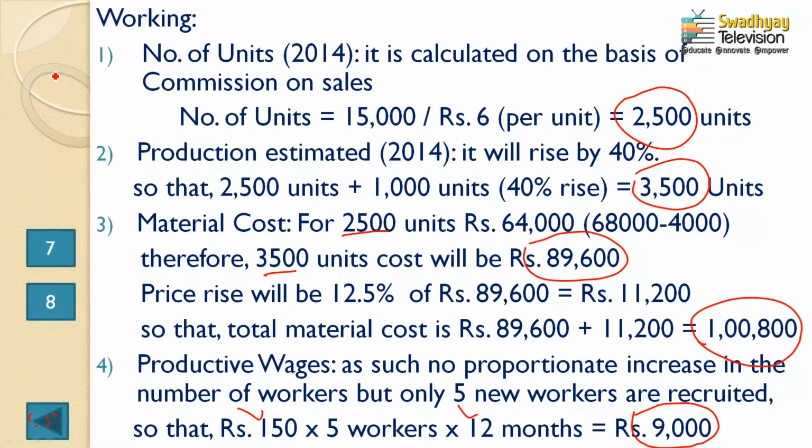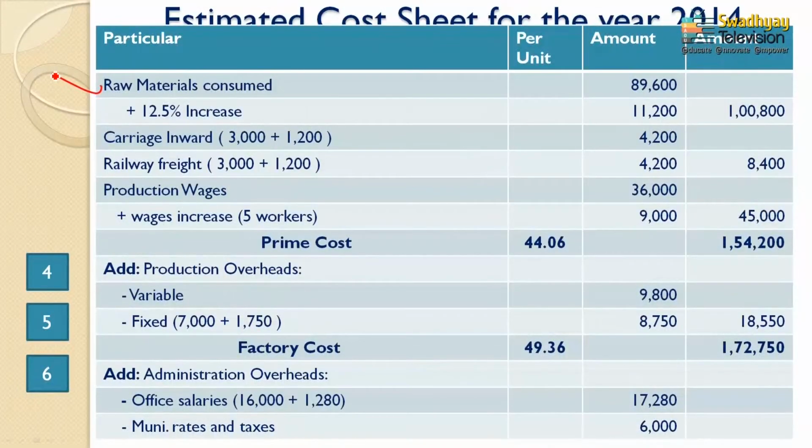Now see here, this material cost would be recorded as the first item in the cost sheet, 89,600 rupees, then add 12.5% increase, that is 11,200 as per the adjustment. So total material cost for the year 2014 is 1,08,000 rupees. Then the carriage inward and railway freight, that we already calculated, change according to the proportion of the 3,500 units, because now they are manufacturing 3,500 units.